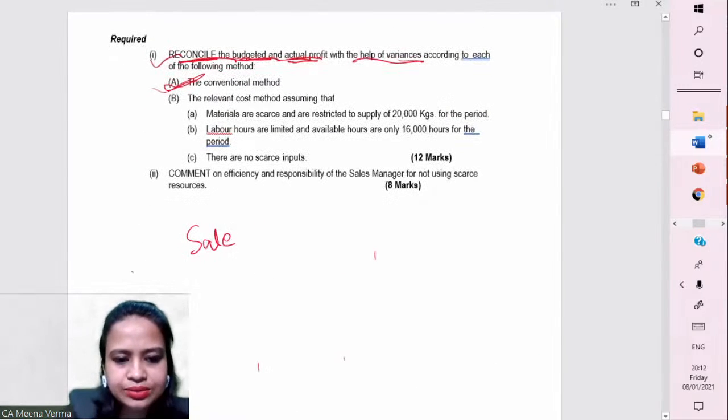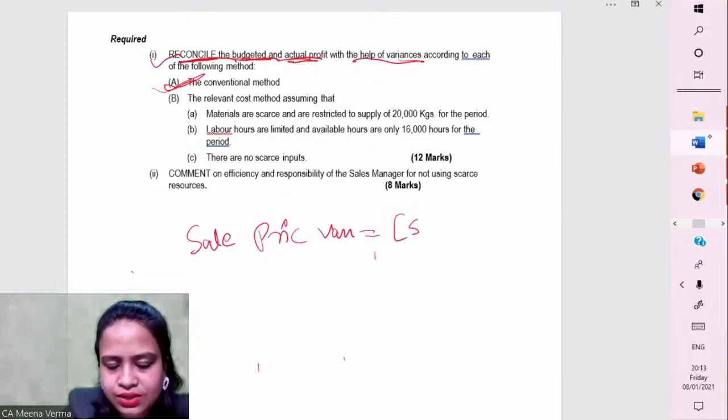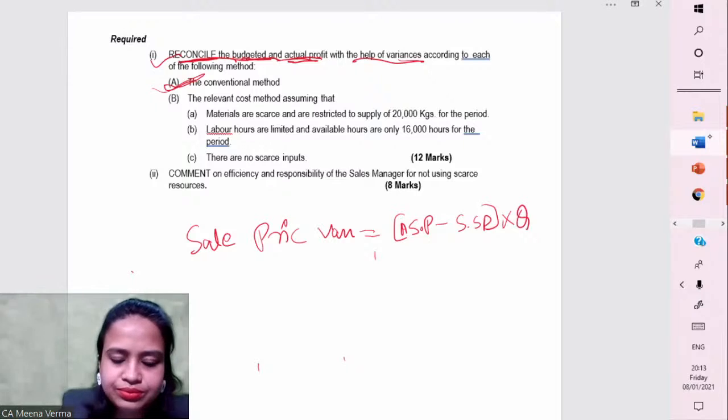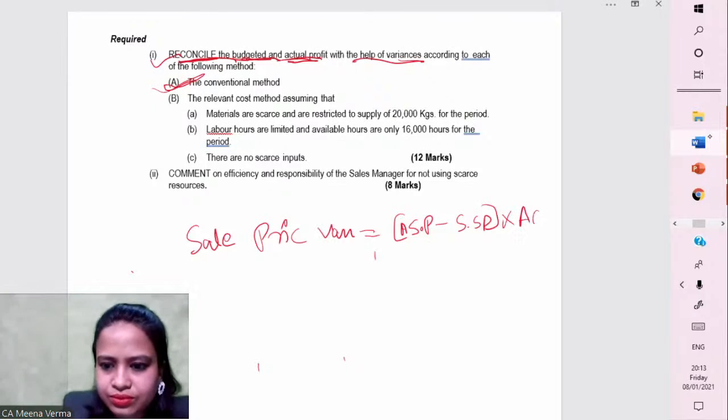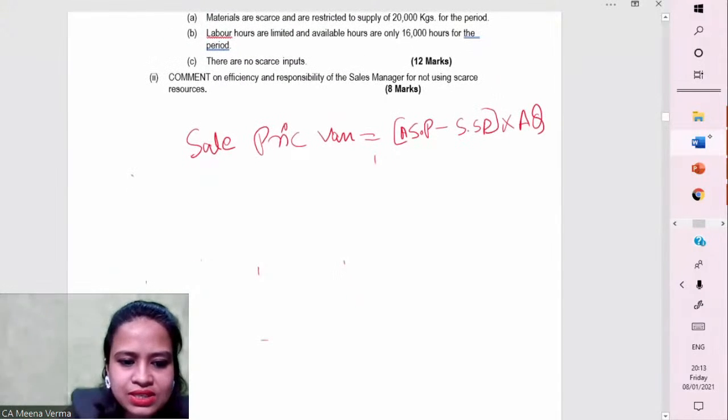Sale price variance is what? Actual selling price minus standard selling price, into actual quantity. So this way you will calculate the sale price variance.